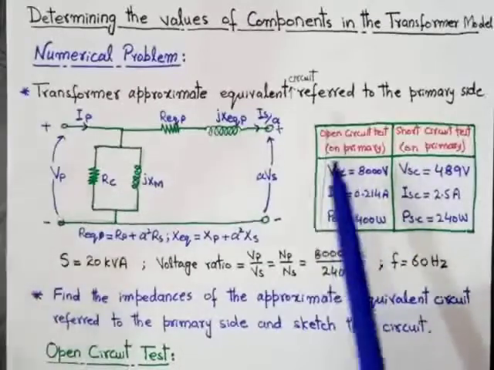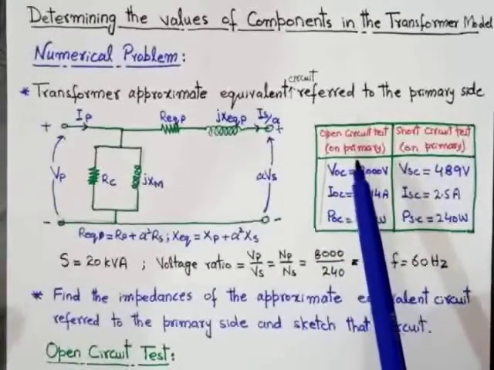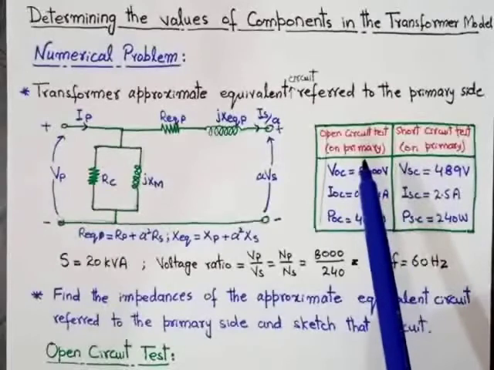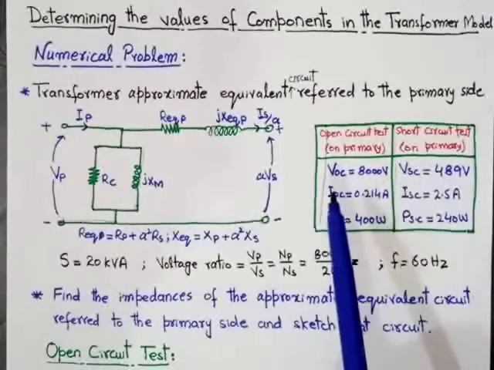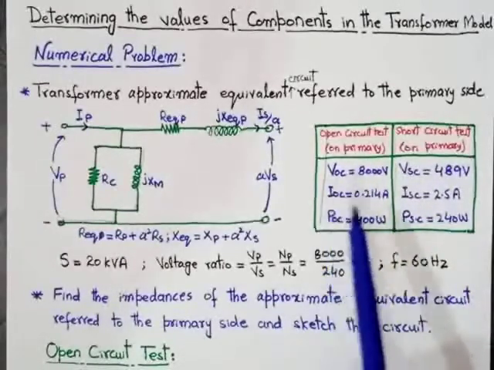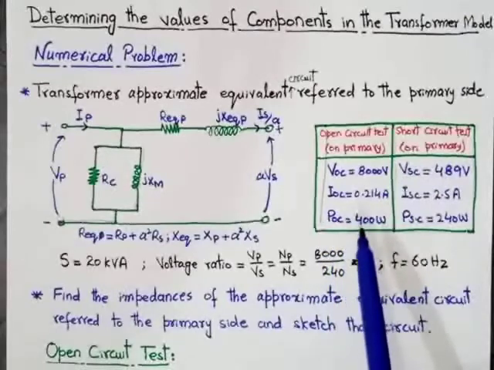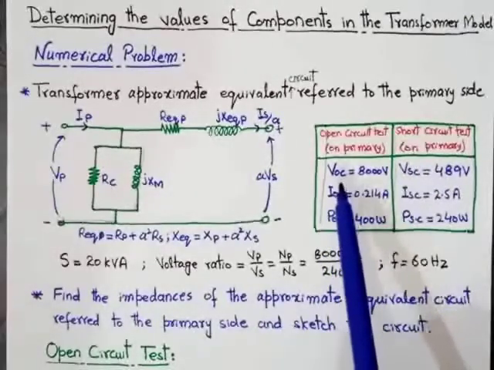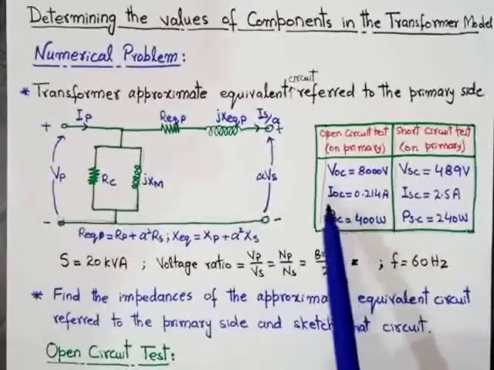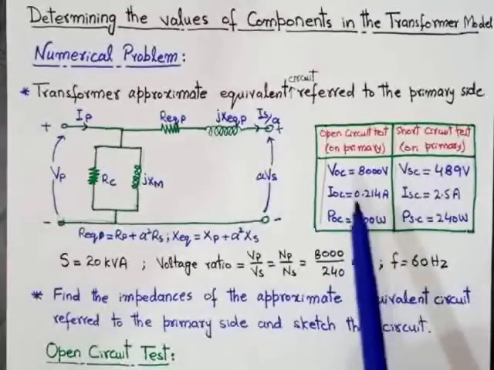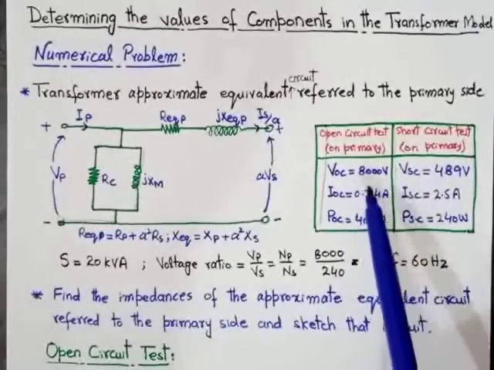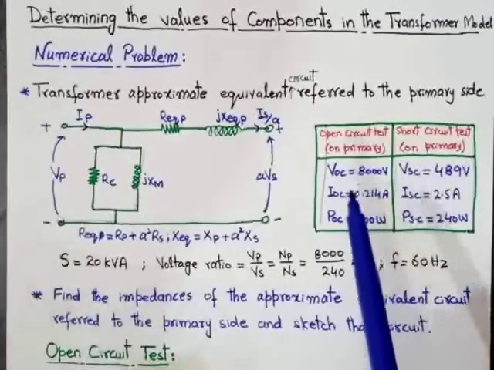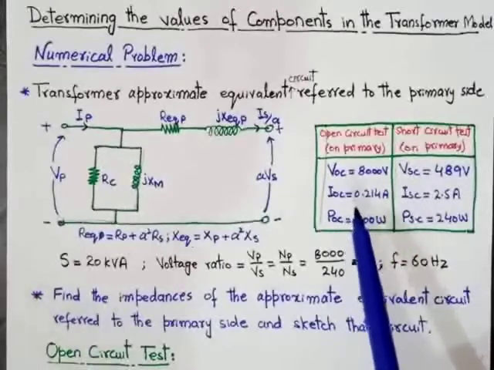As we have already discussed, by performing the open circuit test, we determine the values of open circuit voltage, open circuit current and open circuit power. In case of open circuit, the value of the voltage will be maximum and the value of the current will be minimum. As you can see in the given data, the voltage is the maximum and the current is the minimum.